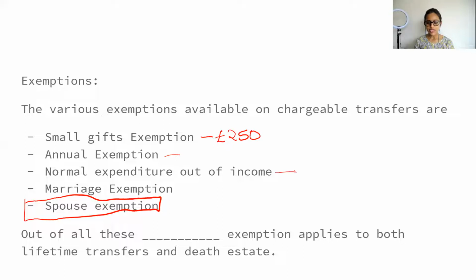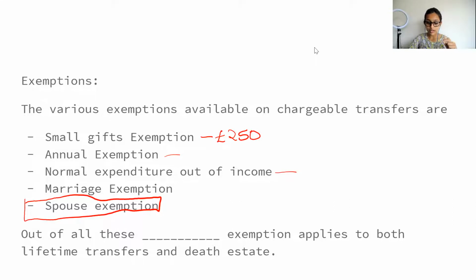Now, normal expenditure out of income means certain payments which are very much normal expenditure out of income. I've given you one example in your hand. Such payments are not considered taxable under IHT. I'll tell you one more example.